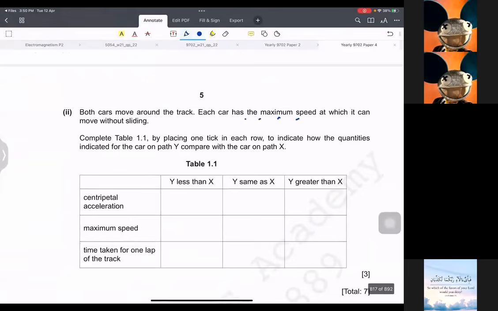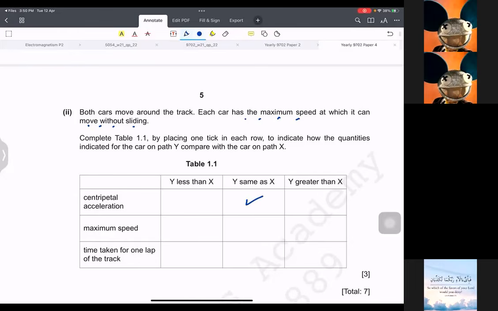Each car has the maximum speed at which it can move without sliding. Now, you guys need to understand something, that to move in a circle without sliding, I think this centripetal acceleration should be the same.